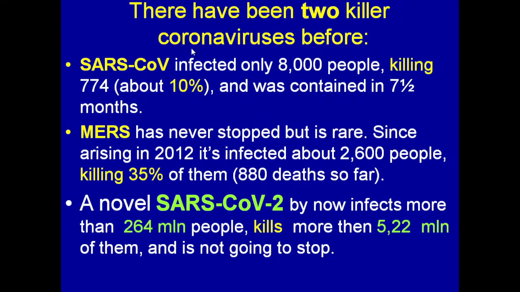But the history of these diseases is a bit different. SARS-CoV infected only 8,000 people and killed 774, about 10% of them. The virus was contained in 7.5 months, and no cases have appeared since 2003.